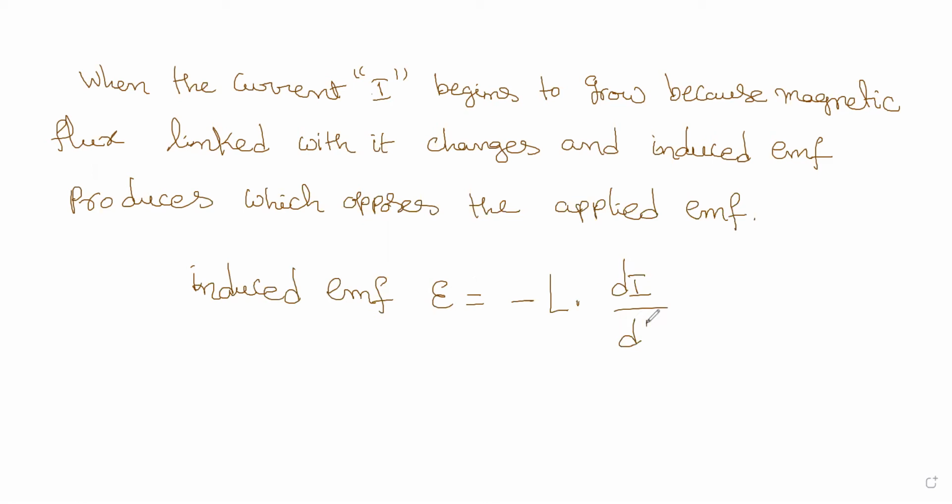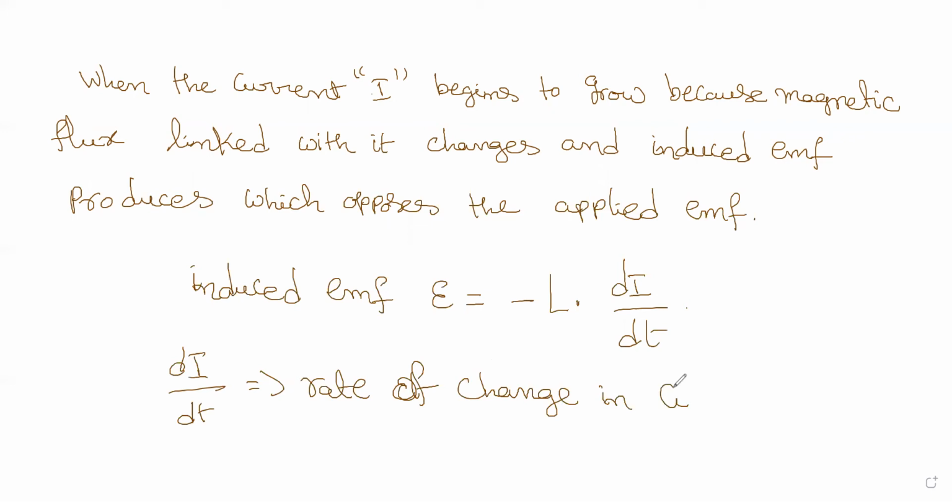Here di by dt refers to the rate of change in current.